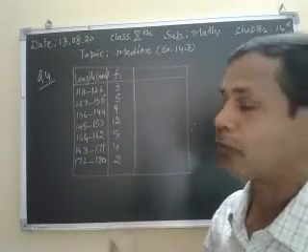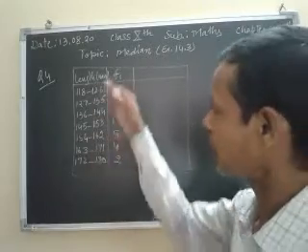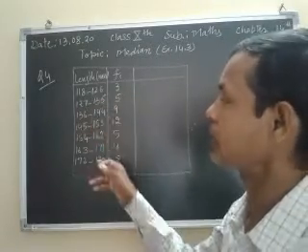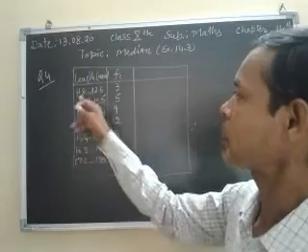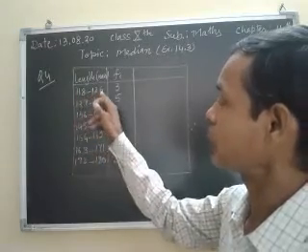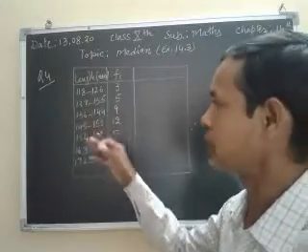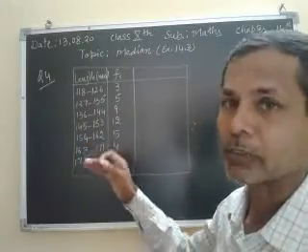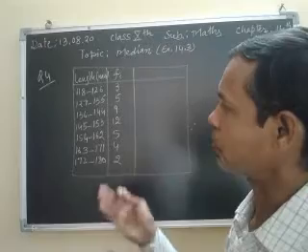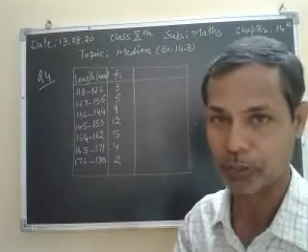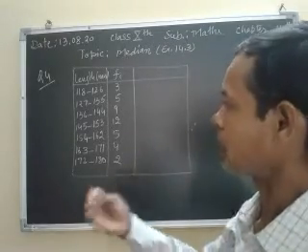Whenever the class intervals are not continuous, because the first class is 118 to 126 and the second starts from 127, these are discontinuous classes. First we convert the class intervals into continuous order.